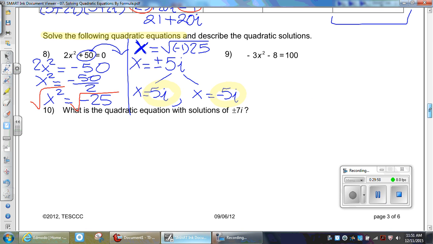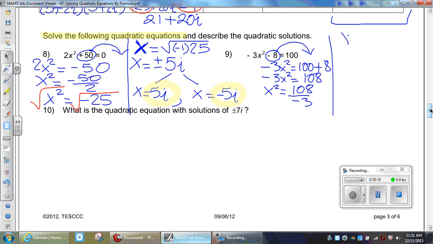Okay, now next problem here, we have a negative 8, move it across, so that will be negative 3x squared is equal to 100 plus 8. 100 plus 8 is 108. Here, the negative 3 is multiplying the x squared, so we're going to divide. So that will give me negative 36.